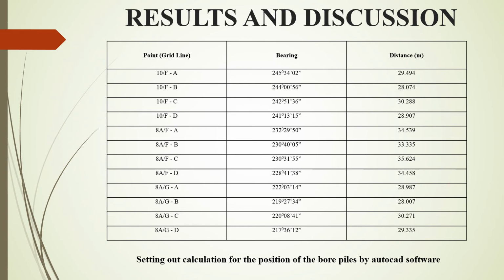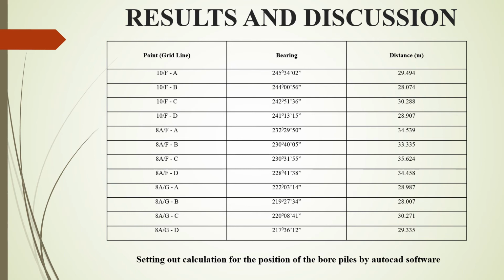There are bore piles at grid lines 10FA, 10FB, 10FC, 10FD, AAFA, AAFB, AAFC, AAFD, AAGA, AAGB, AAGC, and AAGD.